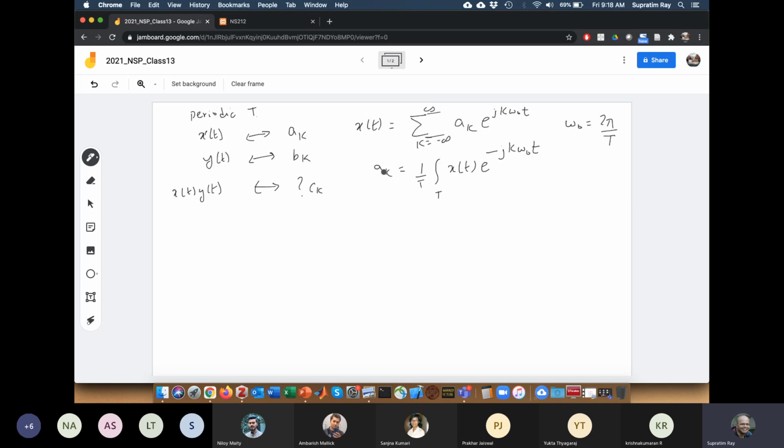Correct? This is the Fourier series expansion. Nothing magical here. We just did that in the last class.